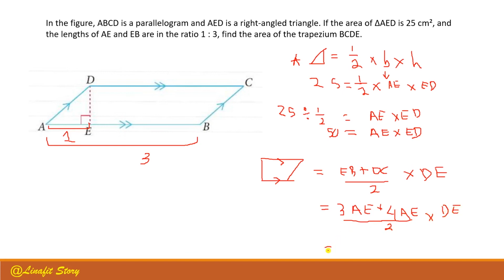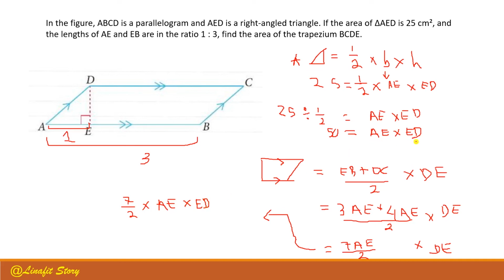So 7 AE divided by 2 times DE. So 7 out of 2 times AE times ED.